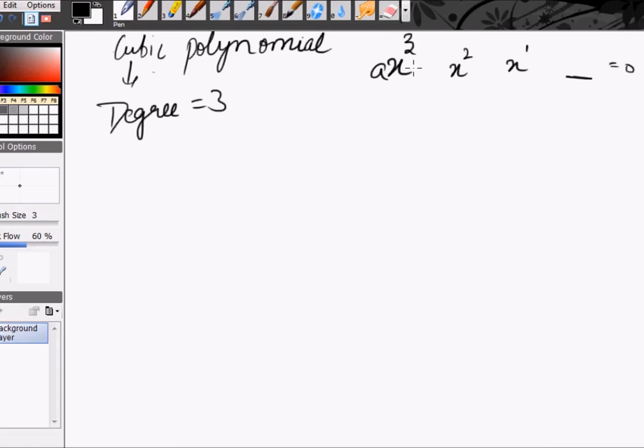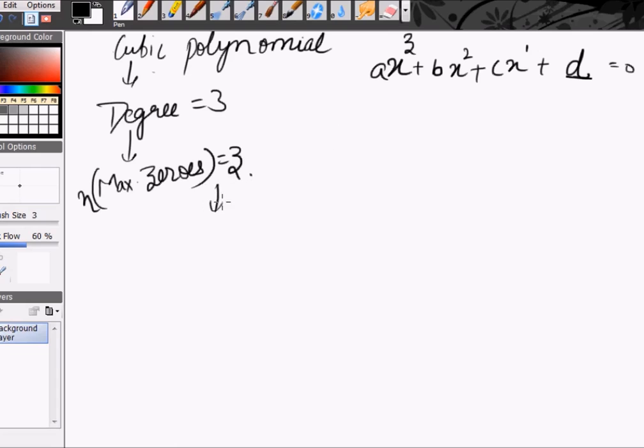Let the coefficients be a, b, c and this constant term as d. Now if it is a cubic polynomial, then maximum zeros in number will be 3. Let us have this particular case, which will be covering all the cases.